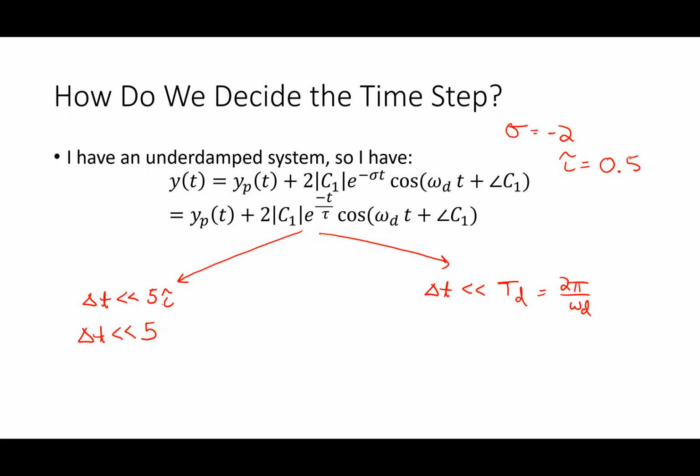So that means that this should be much, much less than 5 tau, or 5 times 0.5. What's 5 times 0.5? 2.5 seconds. So my delta t should be much, much less than 2.5 seconds.